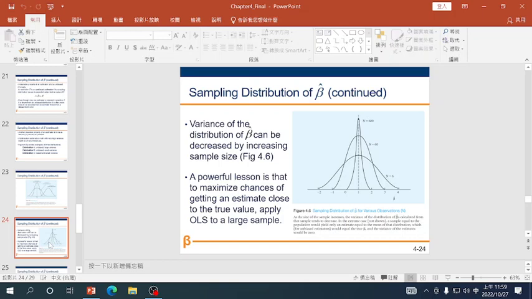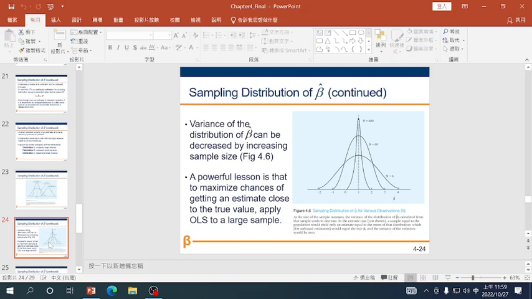But if you have a sample size of 60, which is larger, the distribution is getting smaller. So the expected value of beta hat, although they are different, the variation among them is getting smaller.